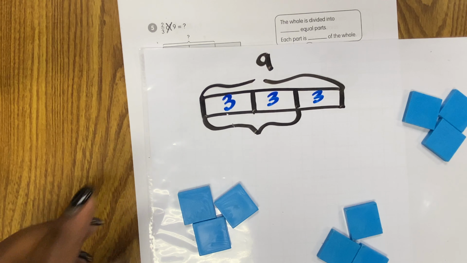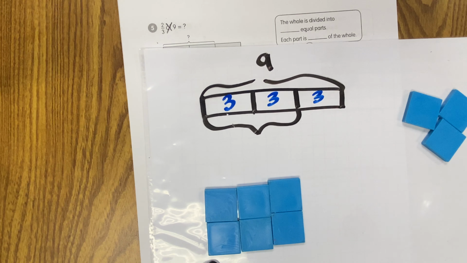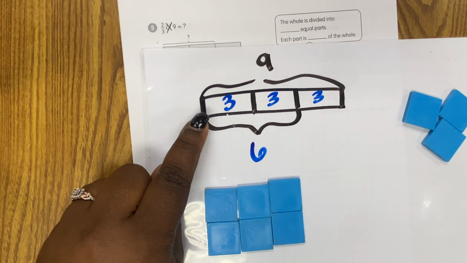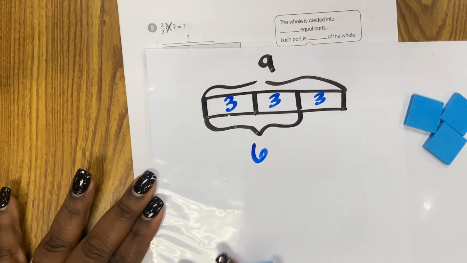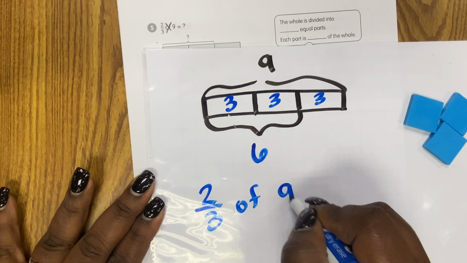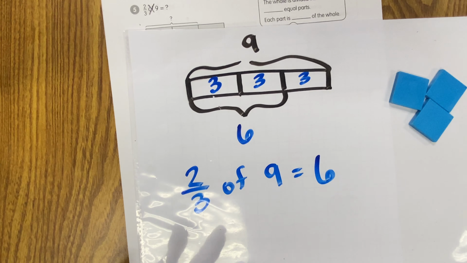So now if I only want 2 of those 3 groups, I would have a total of 6. And we see that here with the bar model. 3 plus 3 is 6. So therefore, 2/3 of 9 is equal to 6.